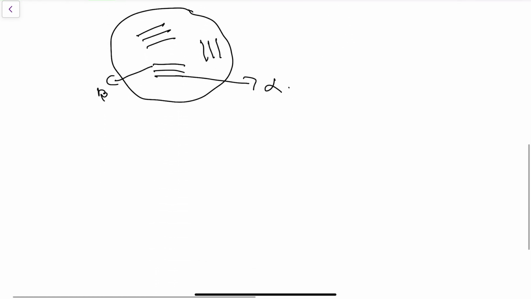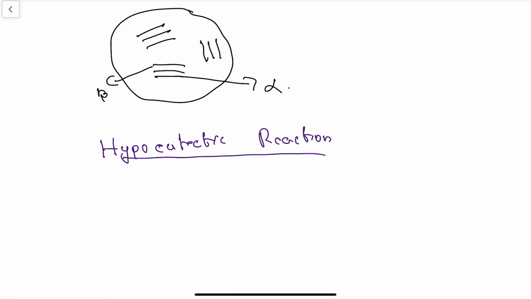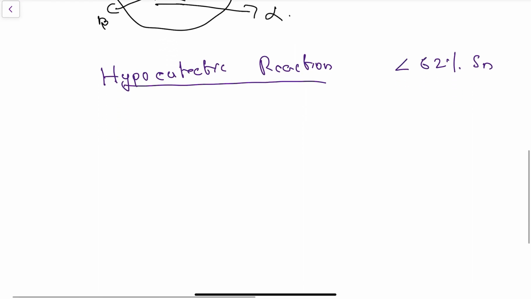That is called a hypoeutectic reaction, because here the composition is less than 62 percent, that is, below the eutectic composition. That is why it is called a hypoeutectic reaction.